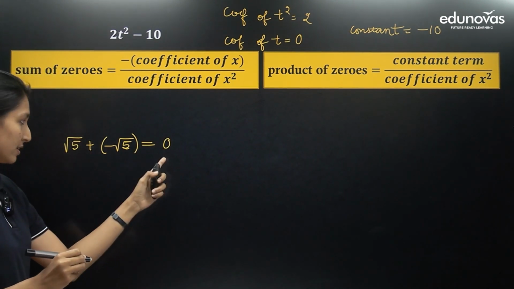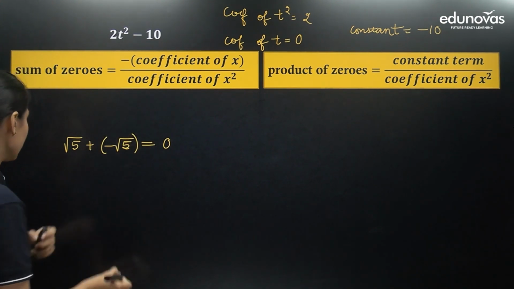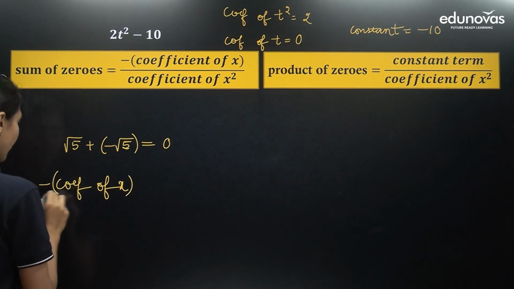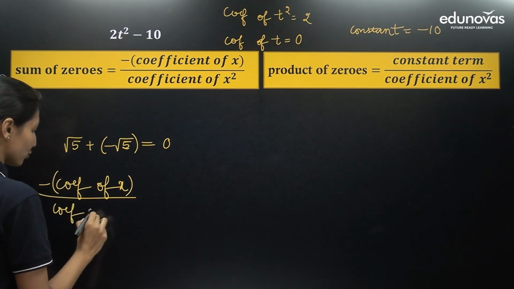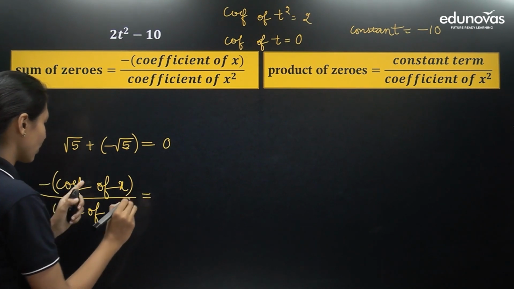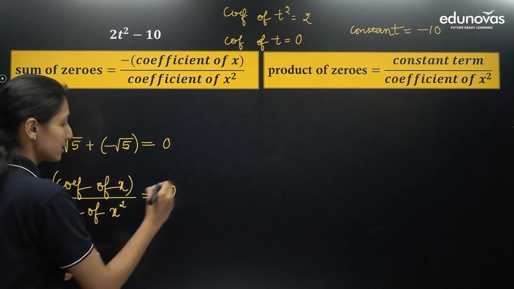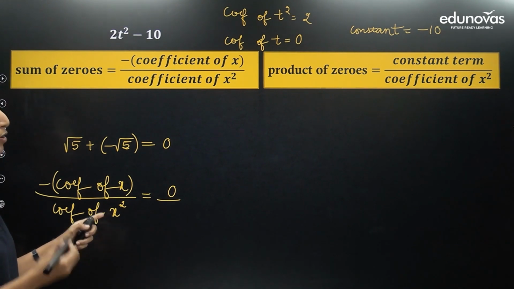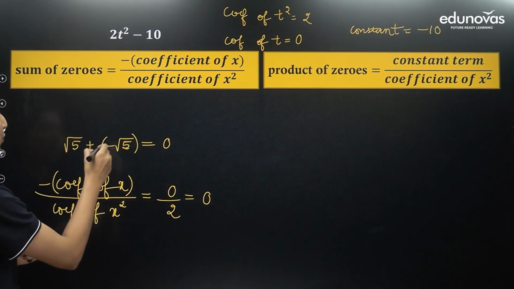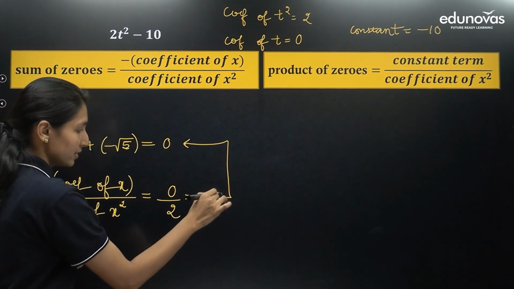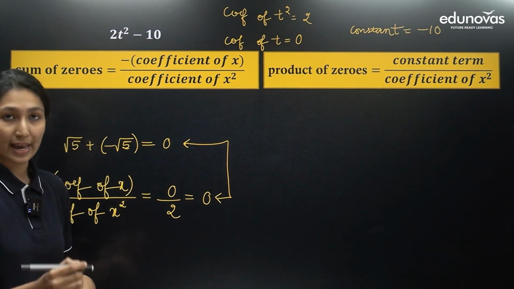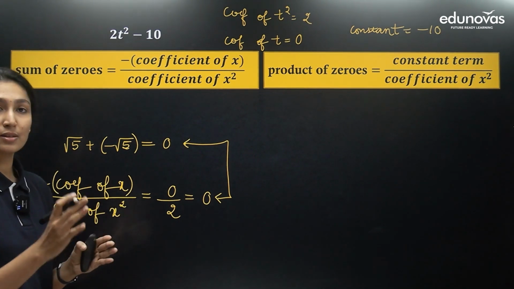Now what is minus coefficient of x by coefficient of x square, or the variable t? The coefficient of t is 0, and the coefficient of t square is 2. 0 by 2 is 0. That means the sum of the zeros is nothing but the ratio of minus coefficient of x and coefficient of x square. Therefore, the first relation is verified.